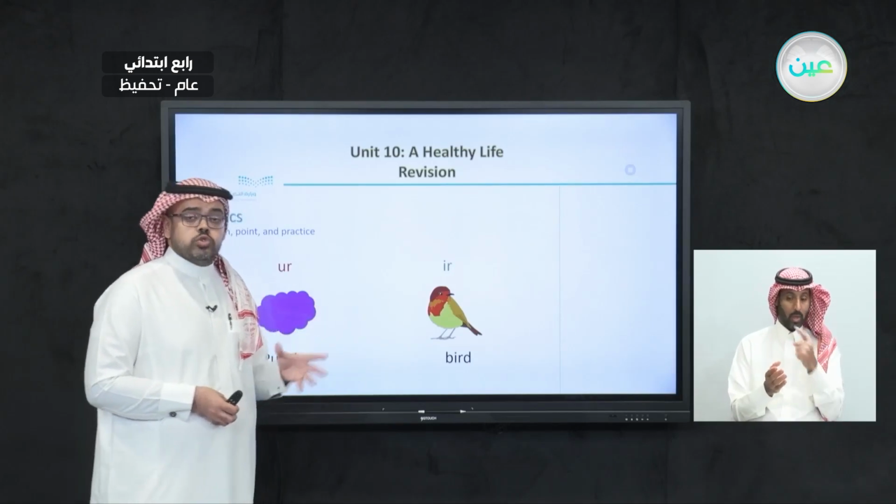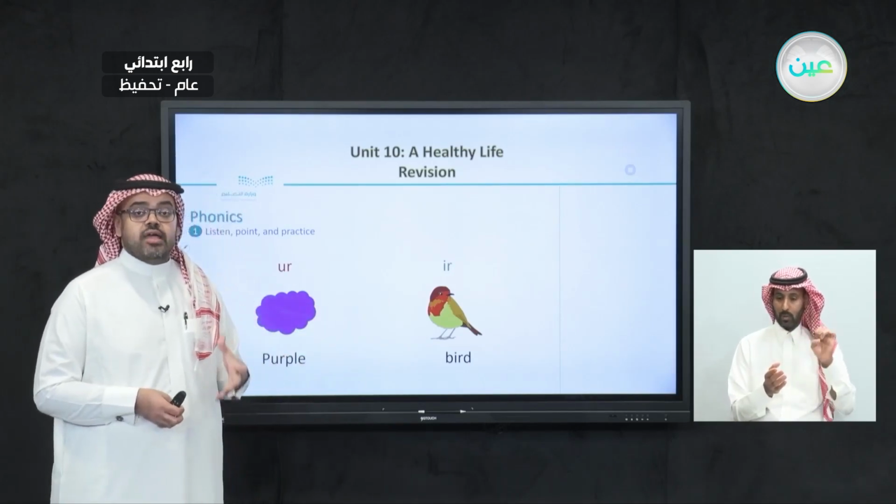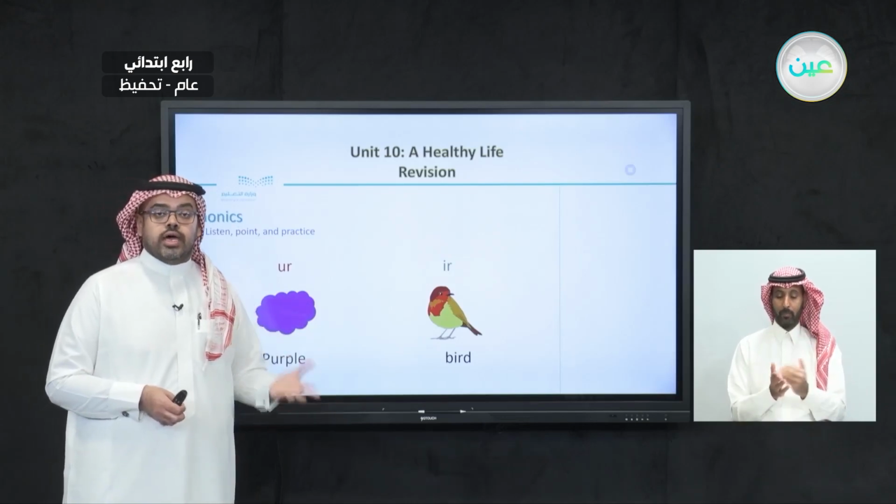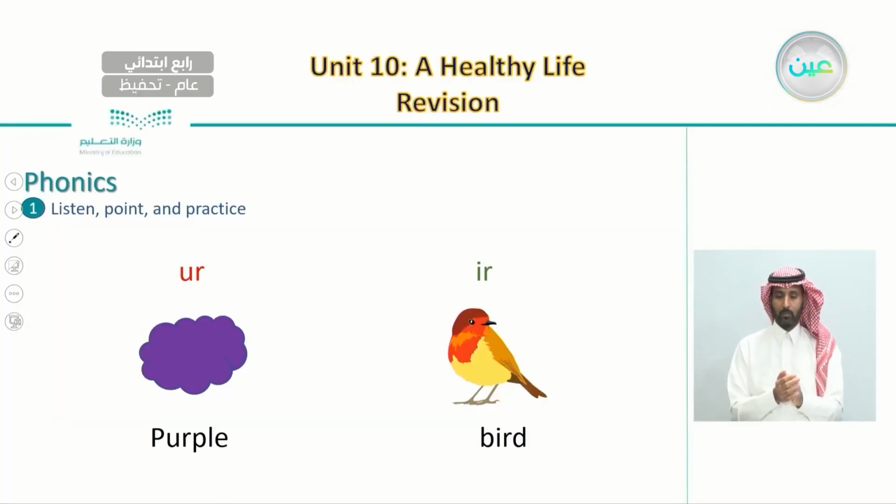I would like you to listen to me and say after me these two words so we can begin our lesson. The first word we have here is purple. Purple. Say after me. Purple. Purple has the UR sound in the middle.